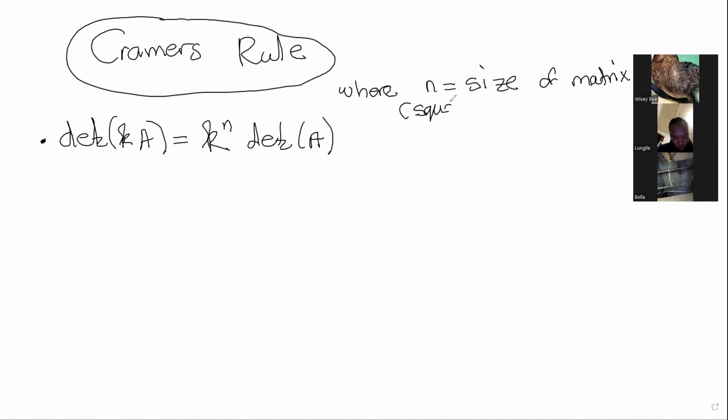This matrix is a square matrix, because you can't find the determinant of a matrix that is not square.